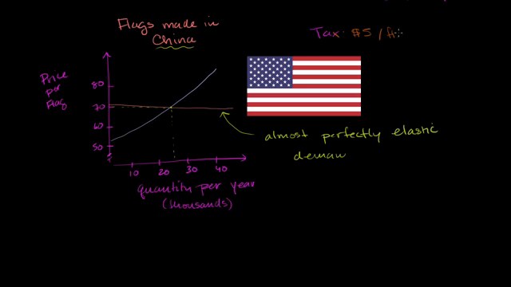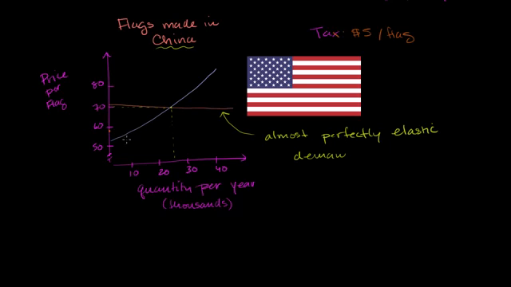$5 per flag. So now what is the supply plus tax curve? So the supplier, just to make the flags in China and ship them to the United States and get them to the store here, even to get that first flag done, even if it's done in the most efficient way possible, you need at least, looks like around $52, $53. Now they're still going to need that, plus there's going to be a $5 tax on it. So supply plus tax is going to be that plus $5.